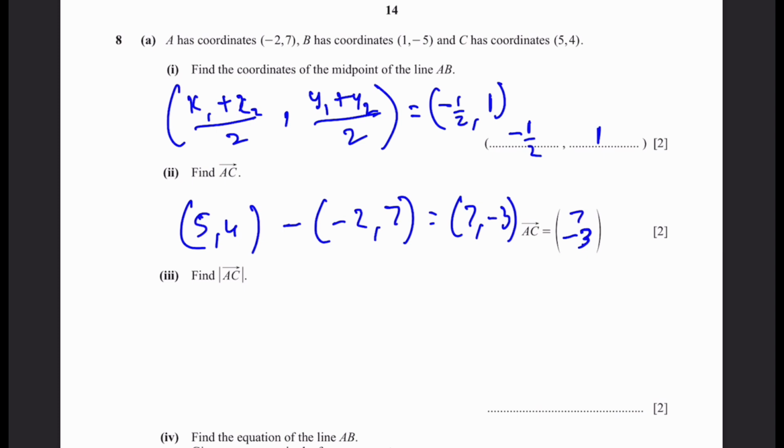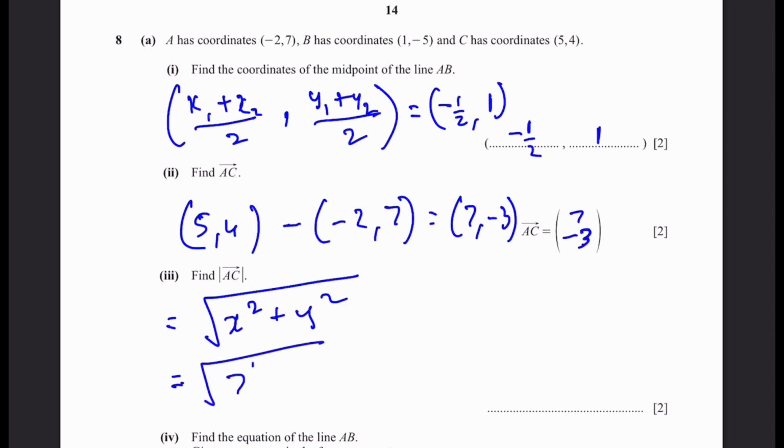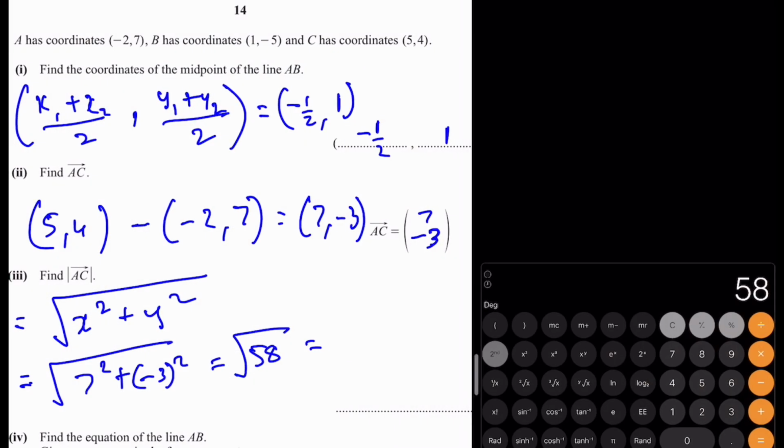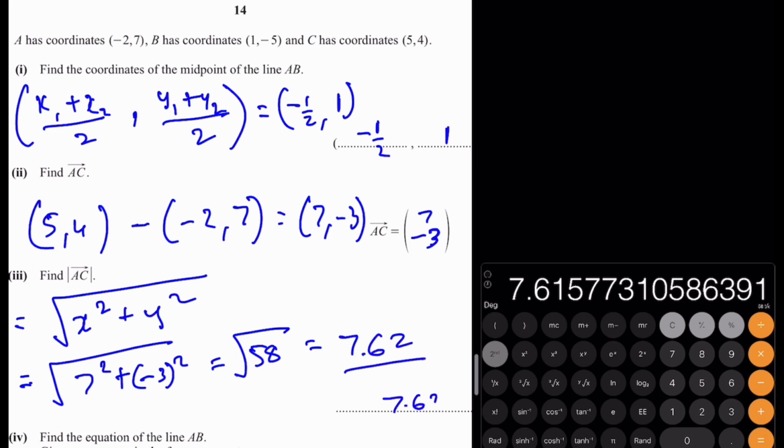Part 3, find the magnitude of AC, or mod AC. So the magnitude is going to be equal to the square root of x squared plus y squared. That's now going to be equal to the square root of 7 squared plus minus 3 squared. That's the square root of 58, and doing that on our calculator, we get 7.62 to 3 significant figures.